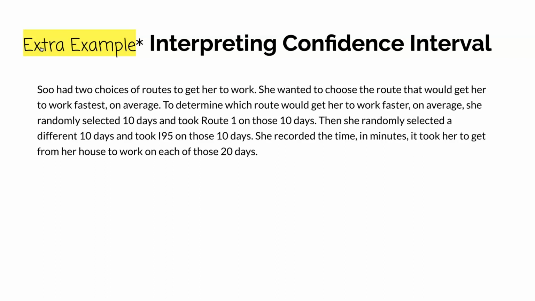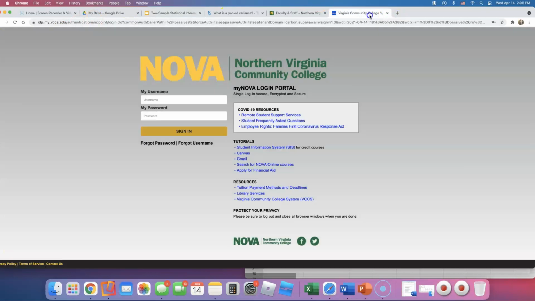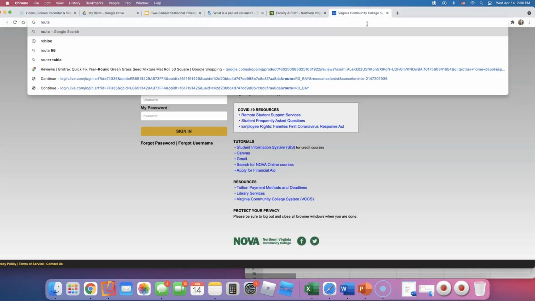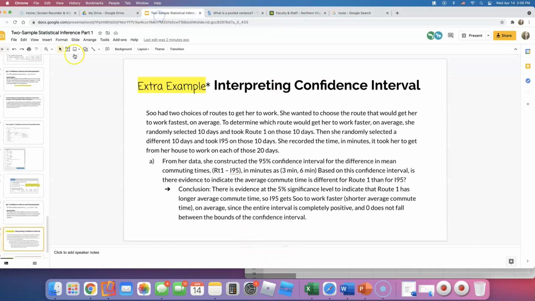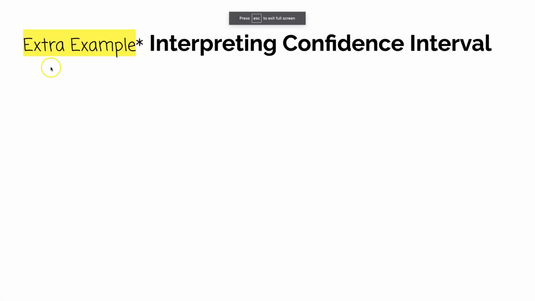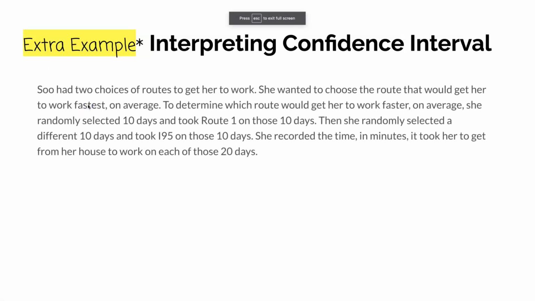Is it route or route? Oh, crap. Route. The pandemic got my English all messed up. Okay, route.